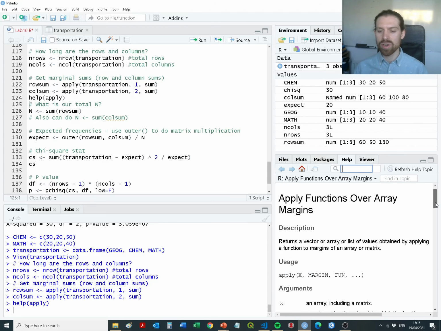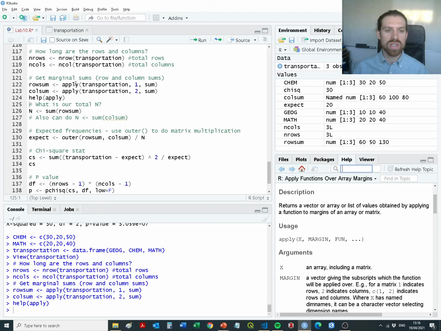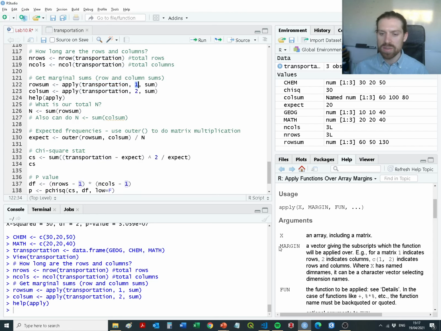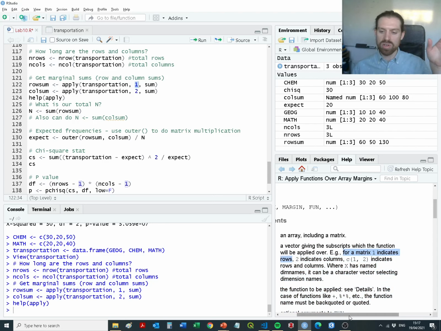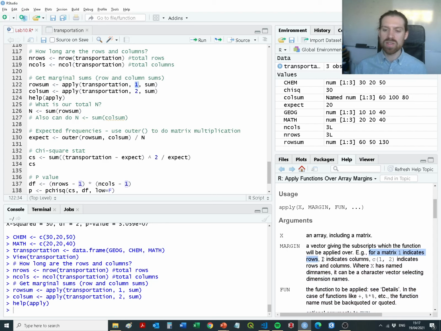It's quite a handy function. It's saying for this data set, transportation, I want you to apply this method, and the 1 here refers to the margin variable, which says which dimension of the matrix you want to sum across. If it's 1, that indicates we want to sum across the rows, and if it's 2, that indicates that we want to sum down the columns.